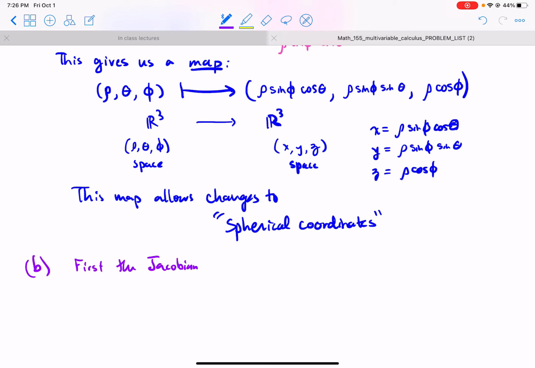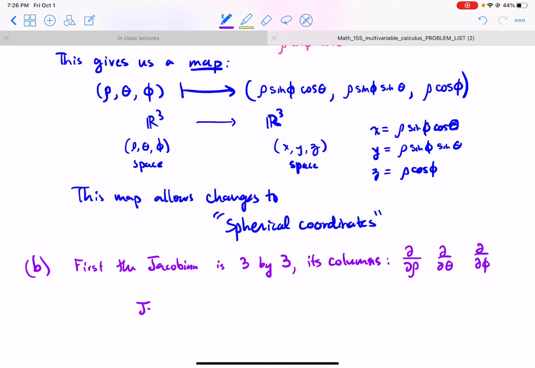So here I have my map, it is 3 by 3 because our inputs are three-dimensional and our outputs are three-dimensional. Its columns come from d by d rho. These are the three inputs, so that's what we have to take the derivative of. d by d theta and d by d phi.